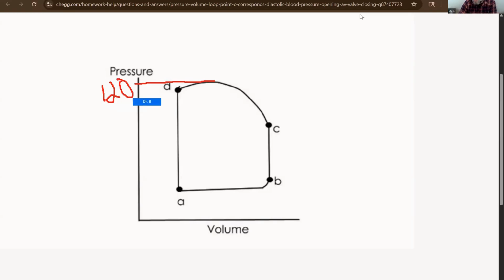Sorry, this is hard to draw with a mouse. Then we know which ventricle we are talking about? Haley has no volume. We've had some struggles. Nadine, we're talking about the left. That's exactly right. We're talking about the left ventricle because the right ventricle does not reach pressures of 120 millimeters of mercury. The right ventricle is going to reach maybe like 25 or something around there.